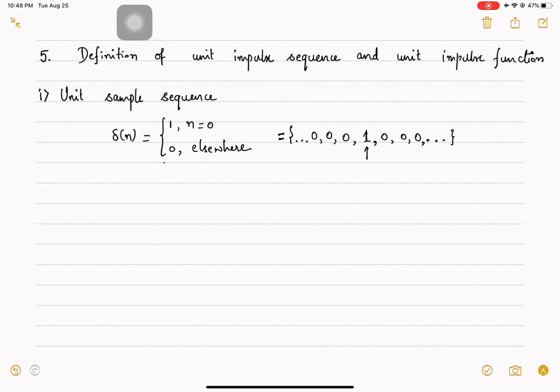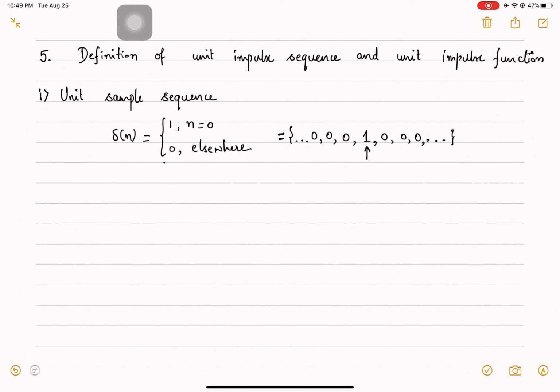Here an arrow is placed, just to know that wherever the arrow is, that is the value of the function at n equal to 0. Both notations are used, depending on the context or ease of writing. Both mean the same thing.